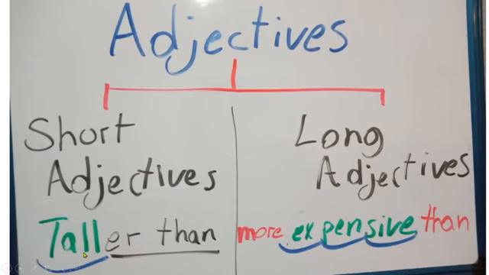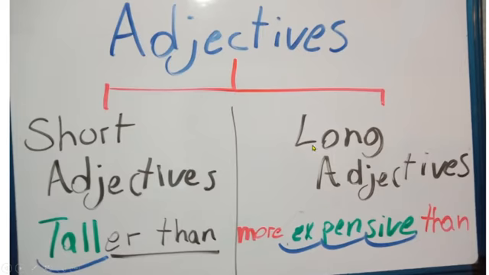Now, what is a short adjective? Most short adjectives have one syllable, and in some cases two syllables. For example, we have tall. Tall is one syllable. That's why we use the ending er plus than: taller than.